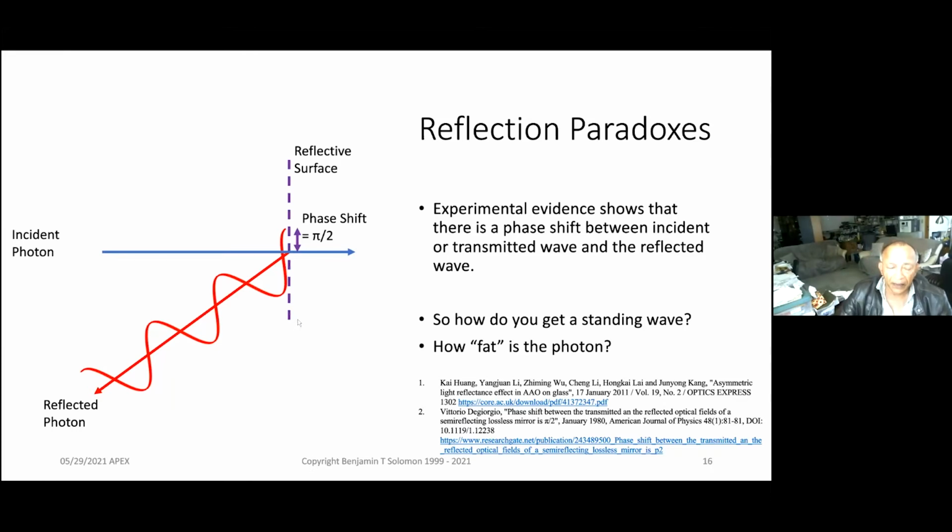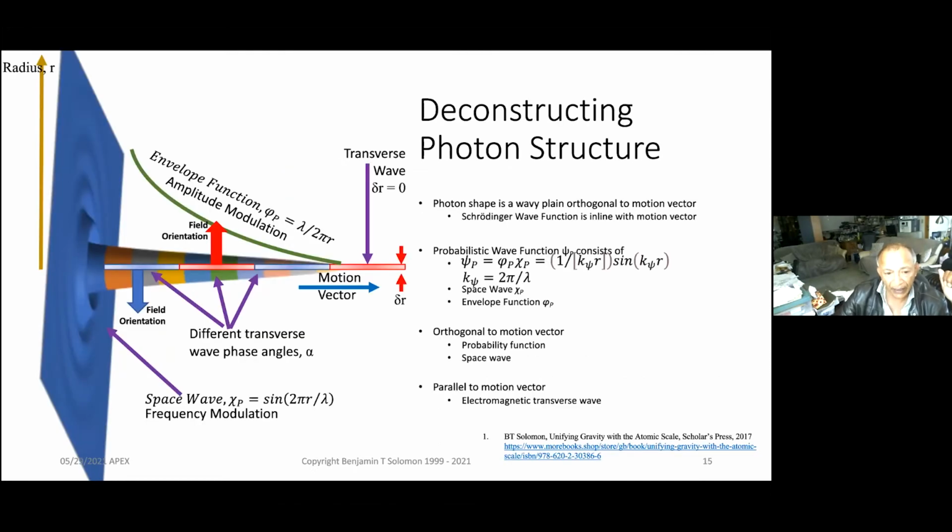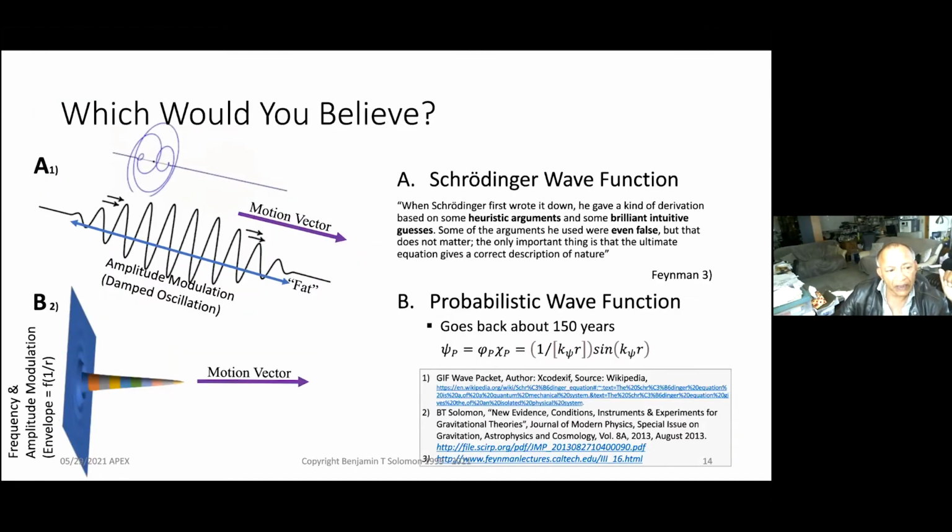And the other problem with calculating standing waves is how fat is the photon. The reason I say that is, if we go back here, what is this length? What is this length of figure A? What is the length of this wave? Because as the wave comes in and hits, it reflects. The outgoing reflection will partially cancel out the incoming wave.